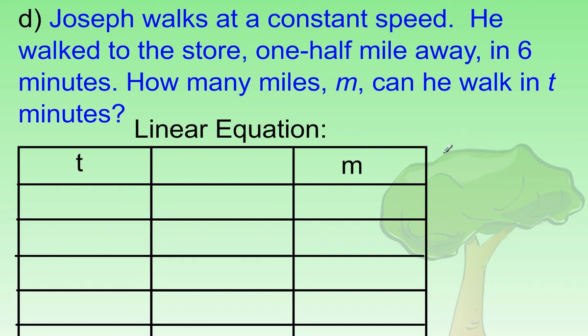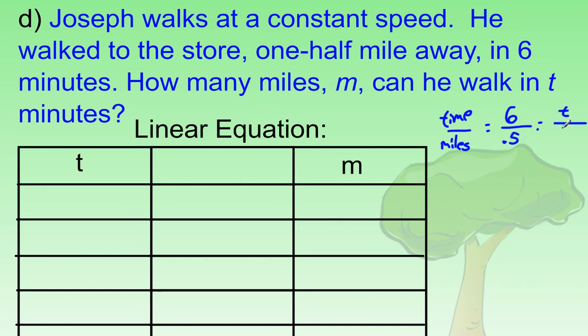So the relationship between the time in minutes and the distance in miles would be, let's see, it says he can walk 1/2 mile in 6 minutes. So the amount of time is 6 minutes. The distance is half a mile, 0.5.